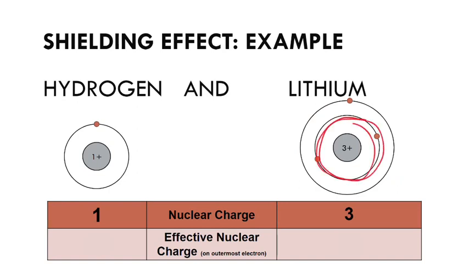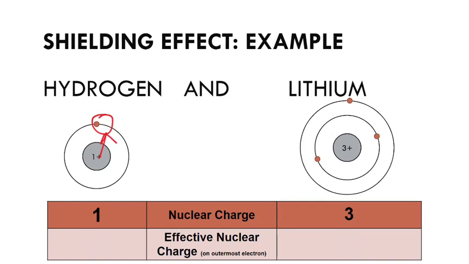These inner electrons are shielding and protecting, kind of canceling out two of the positive charges from that nucleus. So when the nucleus is pulling on that outermost electron, it's not feeling the full pull of the nucleus, not like this hydrogen electron is. It has no protection.